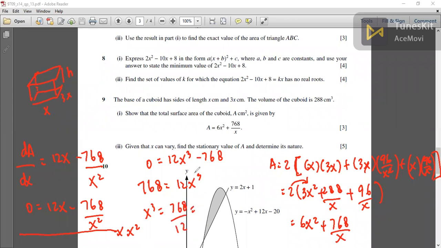Let us simplify this. Of course, we shall get x cubed equals 64. We have x cubed equals 64, so x will be 4.